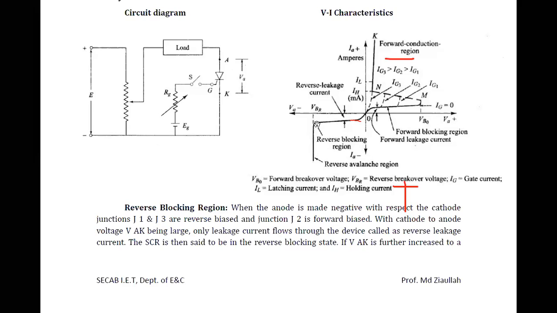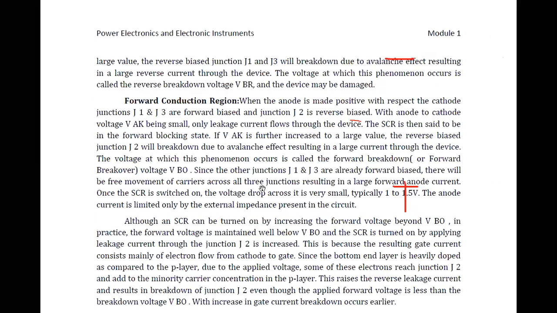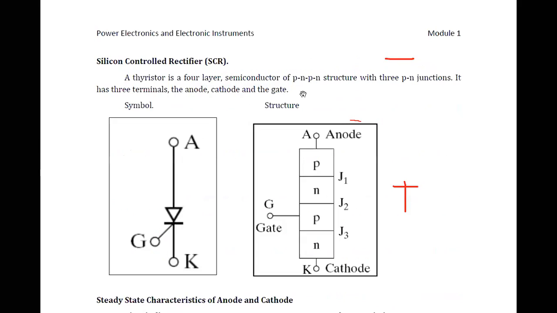Once it reaches the reverse breakover voltage VBR, your SCR will enter into the reverse blocking region. The reverse biased junctions J1 and J3 will break down because of the avalanche effect due to the large reverse current through the device. This phenomenon occurs at the reverse breakover voltage, denoted by VBR.